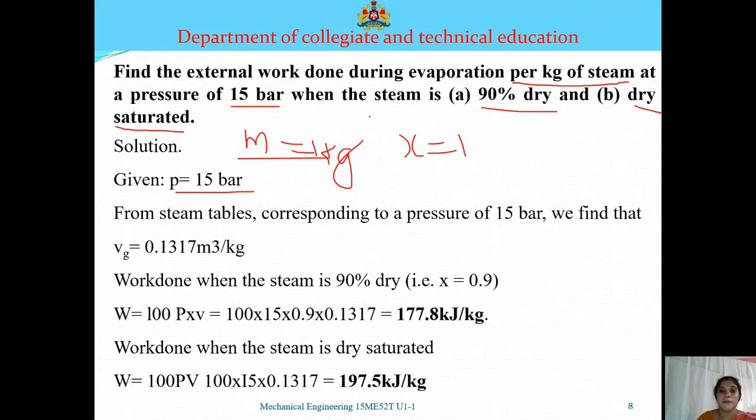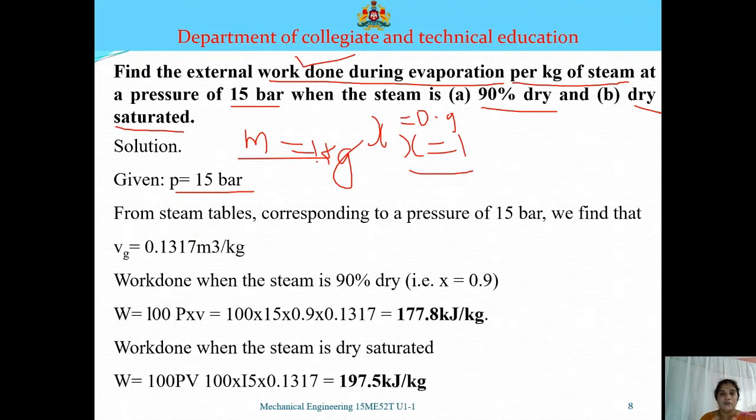For the first, when X is 0.9, we need to find out the work done during evaporation, and when X is 1, at that particular time also we need to find out the work done. What are the values of work done that will be obtained when X equals 0.9 and when X equals 1? That we need to find out in this particular problem.